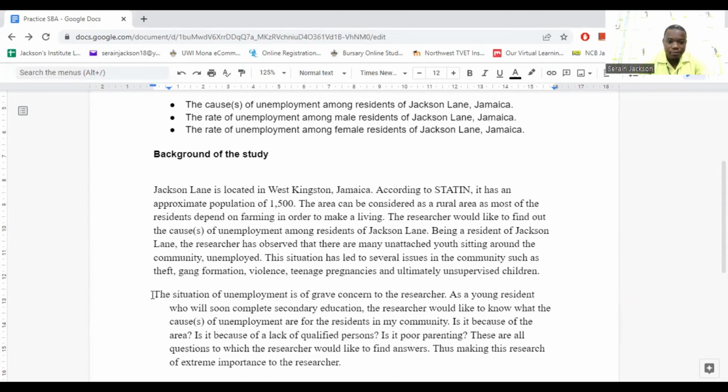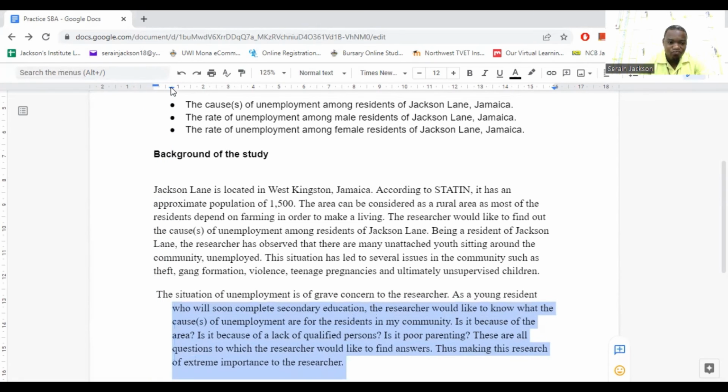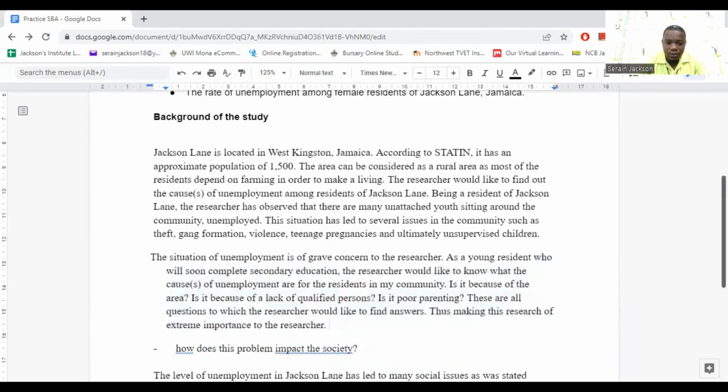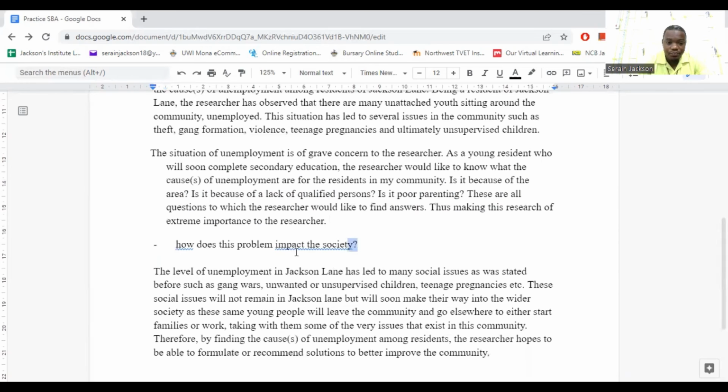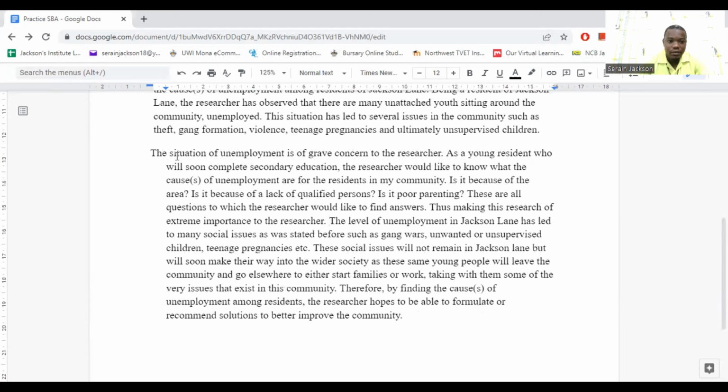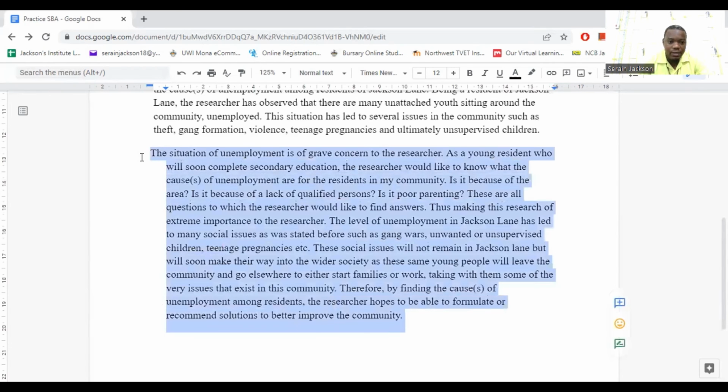This can be a new paragraph, right? All right, so take these out. Right? And all of this, you could align this to one side.